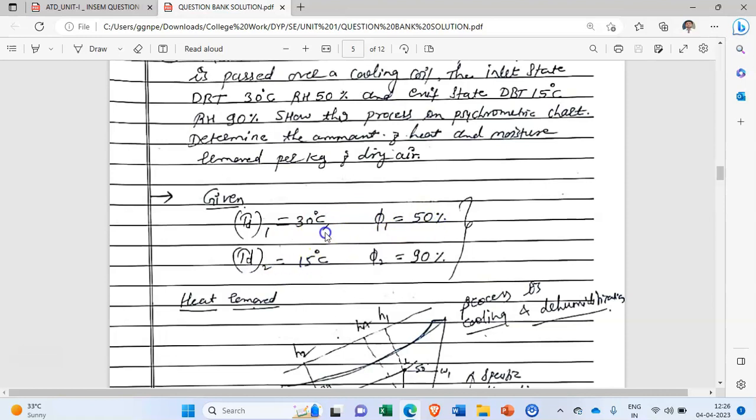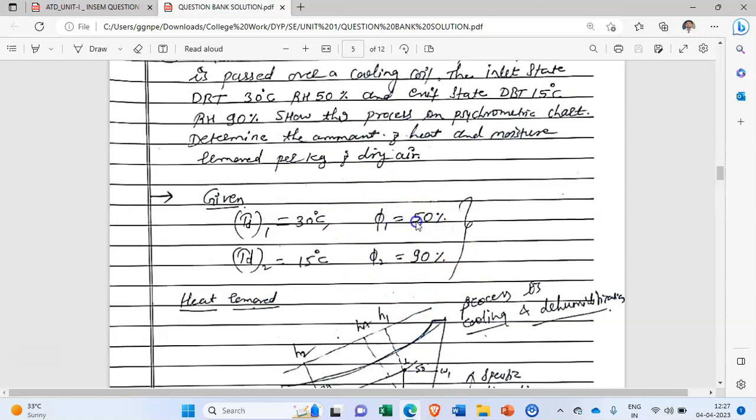TD2 is 15 degrees Celsius. That means the temperature is reduced, so it is a cooling process. Now phi1 is 50% and phi2 is 90%. Only by drawing the chart can we understand whether humidification or dehumidification takes place.